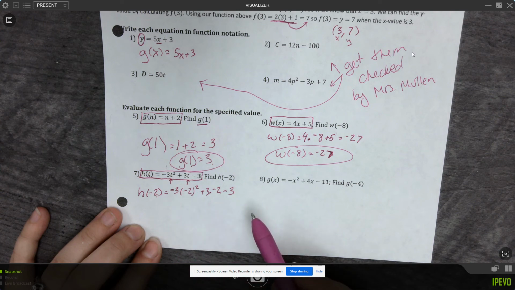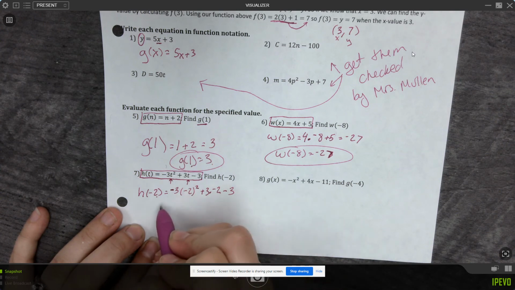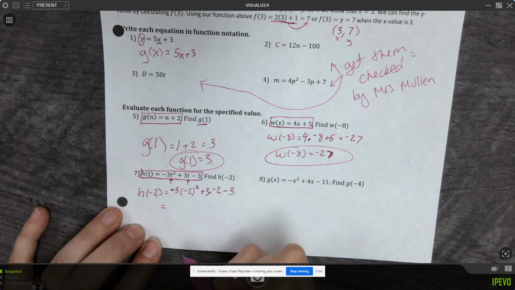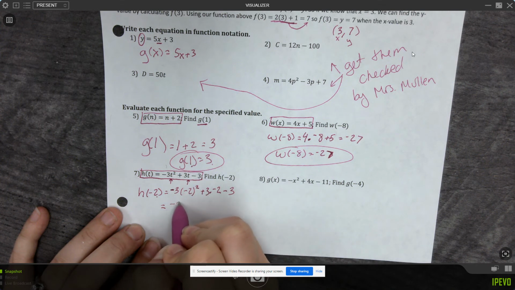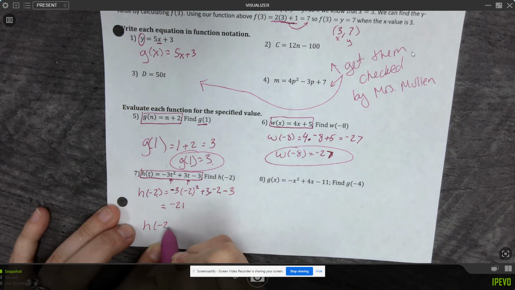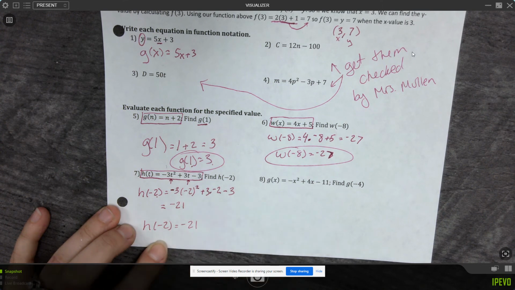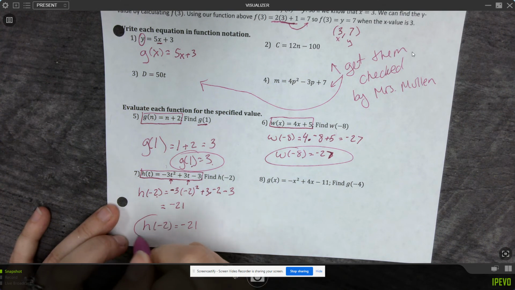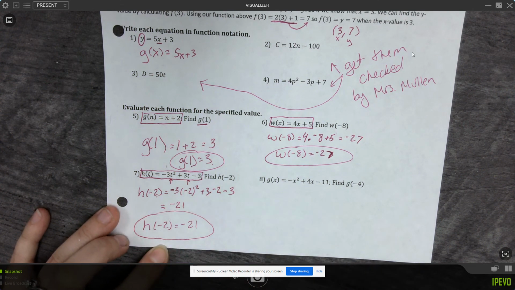Type this in Desmos. Once you have, you should have gotten -21. So h of -2 equals -21. If you didn't get -21, you need to talk with Mrs. Mullen and find out what you typed into Desmos wrong.